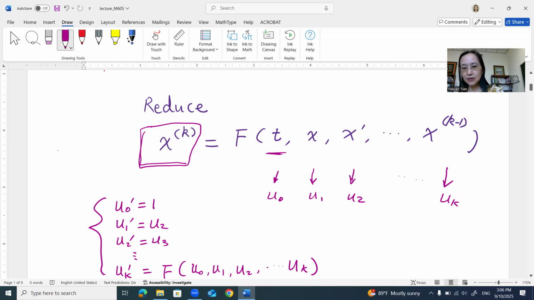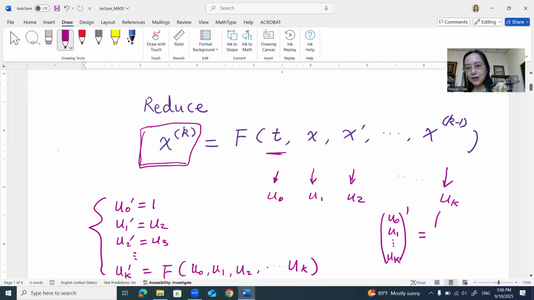We can simply write the derivative of the unknown function in the vector form. This is the vector valued curve to be looked after. So we are looking for such a solution in the vector form.